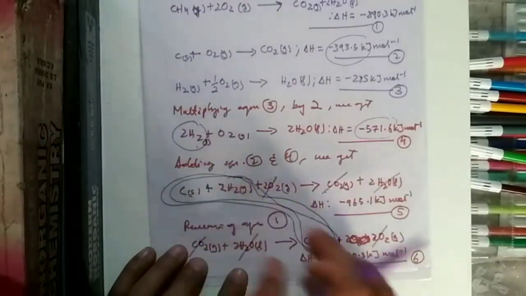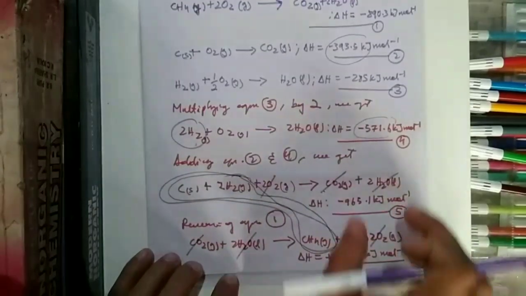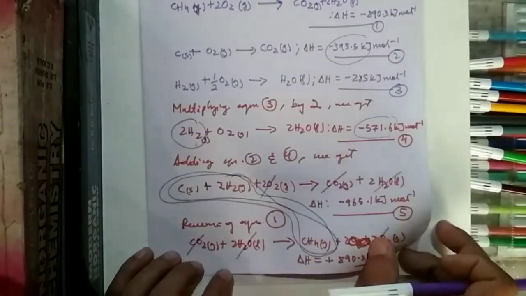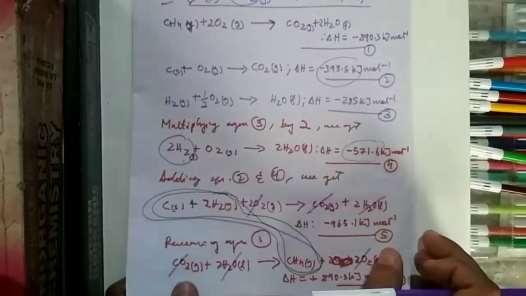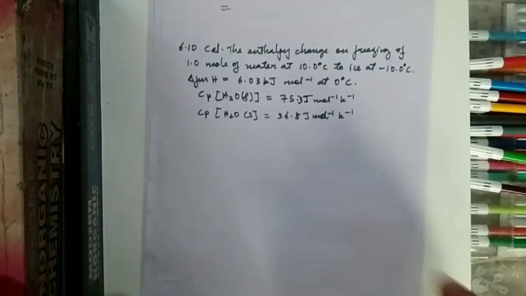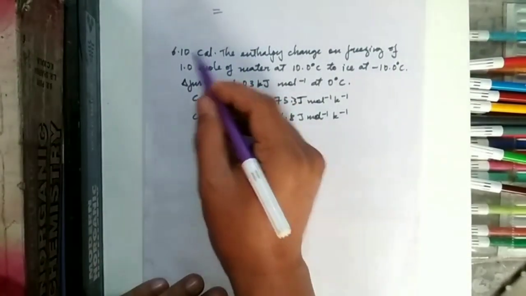If you get the required reaction, you just have to add these two equations, and then you will get the answer. So I hope this is not that confusing. If you practice, you will get the idea.